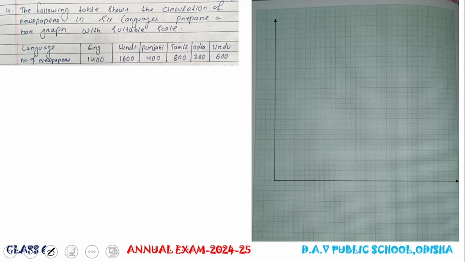Next, question number 4. The following table shows the circulation of newspapers in 6 languages. Prepare the bar graph with a suitable scale. First of all we write the scale.